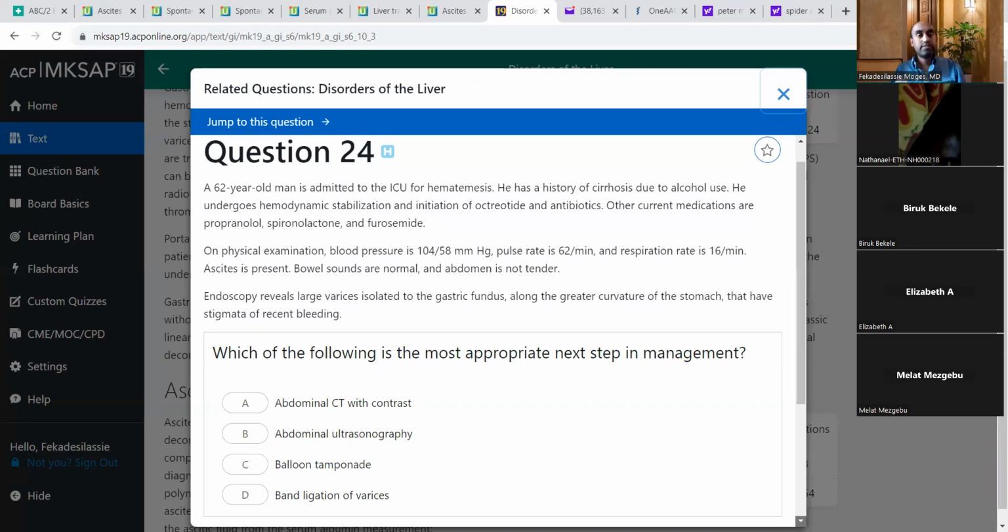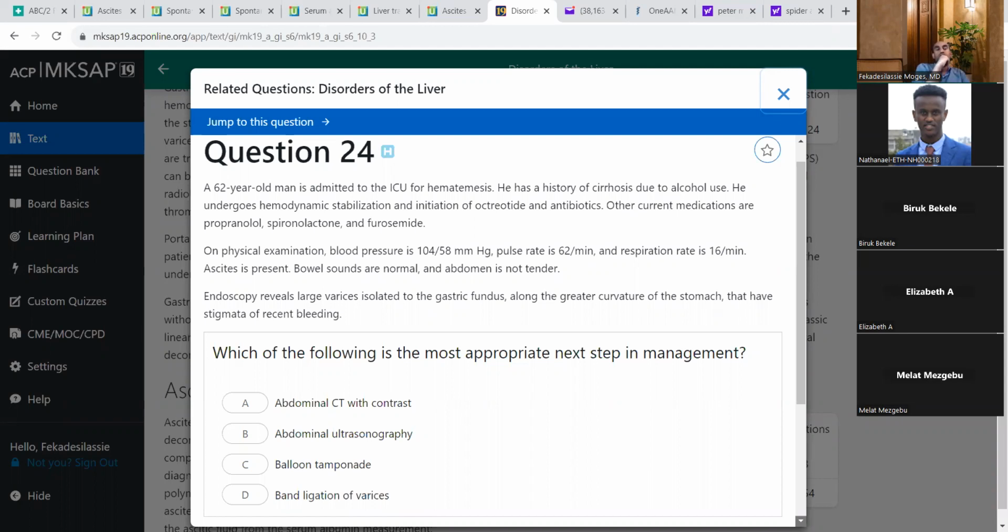A 62-year-old man is admitted to ICU for hematemesis. He has a history of cirrhosis due to alcohol use. He undergoes hemodynamic stabilization and initiation of octreotide and antibiotics. Other current medications are propranolol, spironolactone, and furosemide.